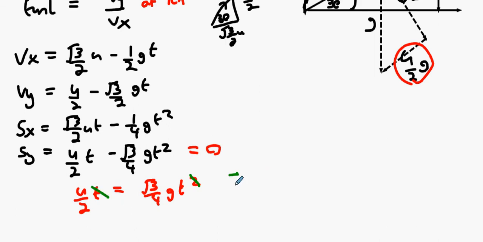Time of flight equals 4U over 2 root 3 G, which is the same thing as 2U over root 3 G. Is there G somewhere? Yeah.